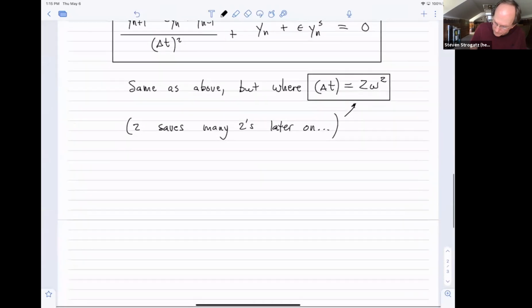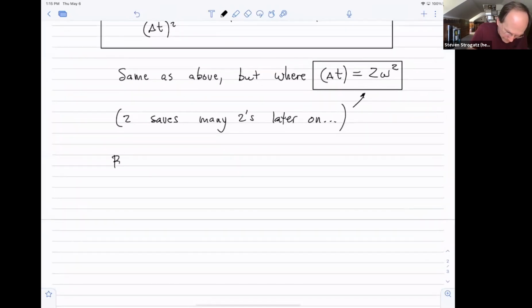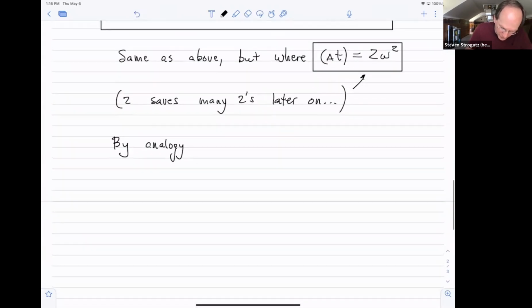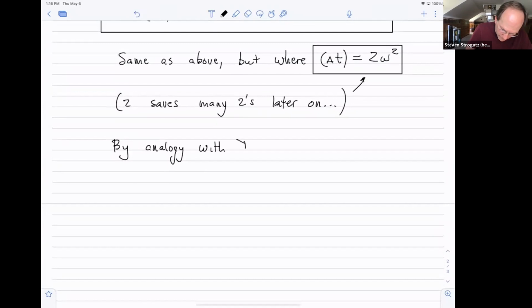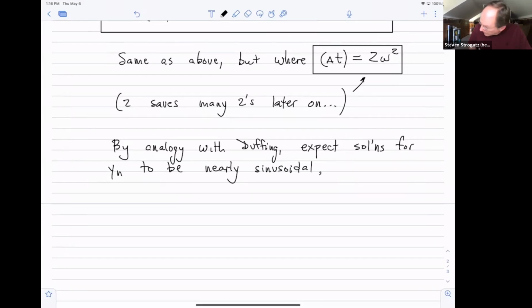So by analogy with the Duffing equation, we would expect the solutions for yn to be nearly sinusoidal with a frequency that depends on their amplitude.